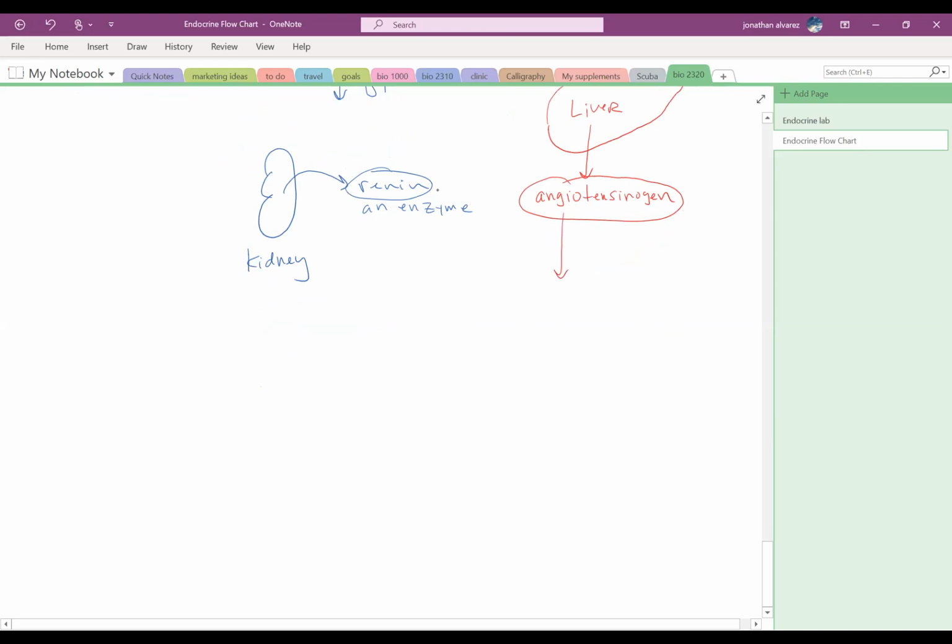Okay, in the presence of renin, it converts the angiotensinogen into angiotensin 1, which is a protein.